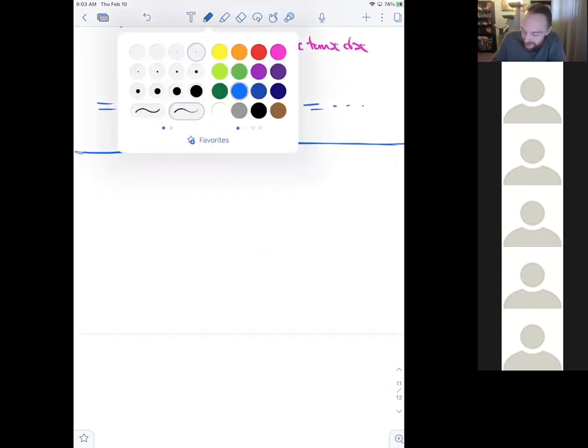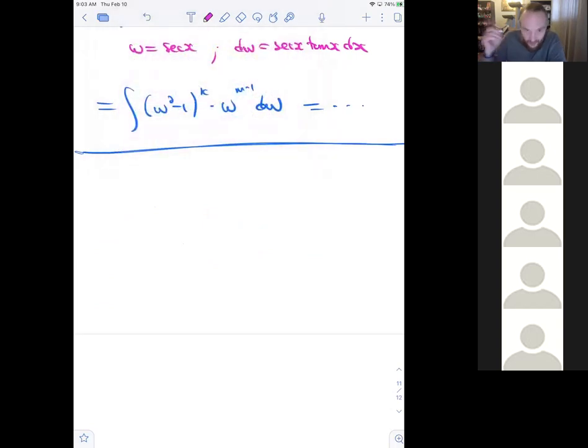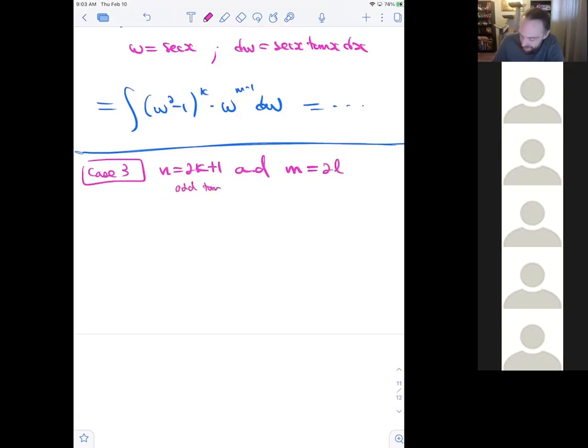Case 3: if we have both of those cases, that's a good case. If n is odd and m is even, if you have both of those, then this is good.